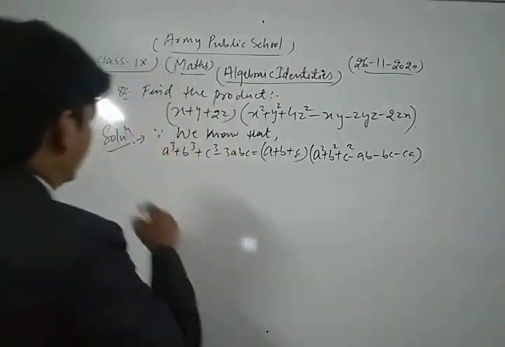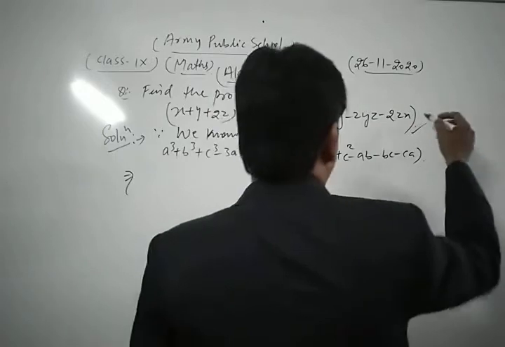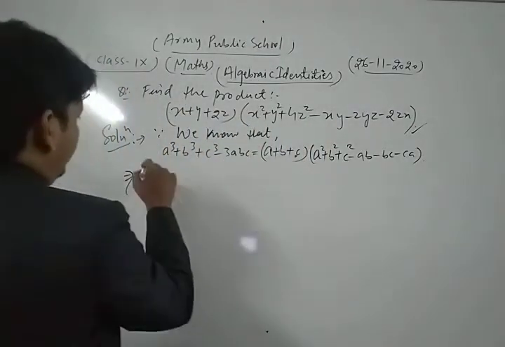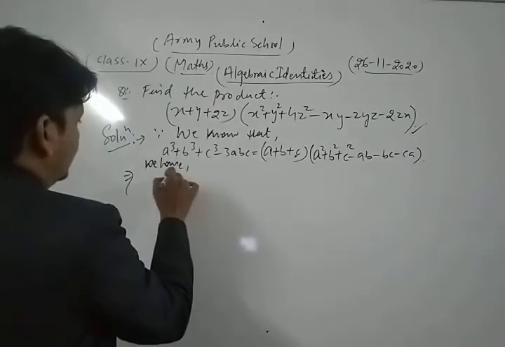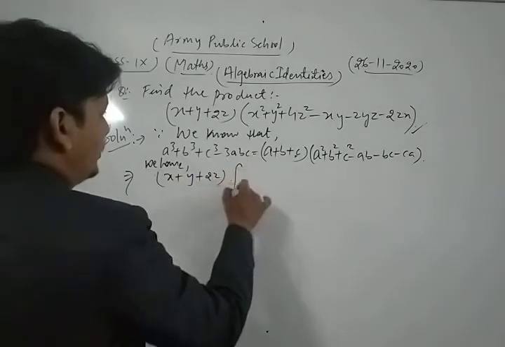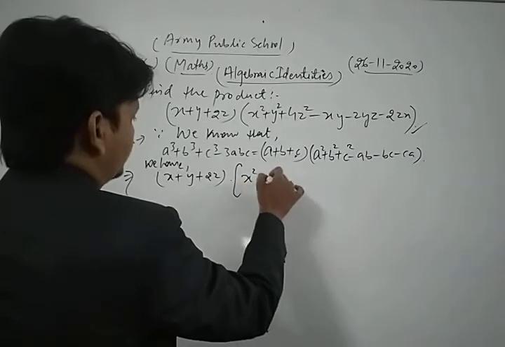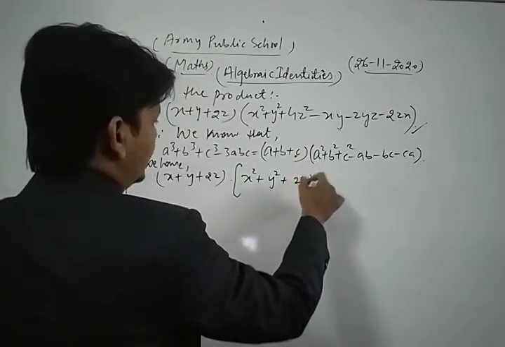Let's see. First of all we have the question x plus y plus 2z, and we write the other bracket this way also: x square plus y square plus, we can write 4z square as (2z) square.